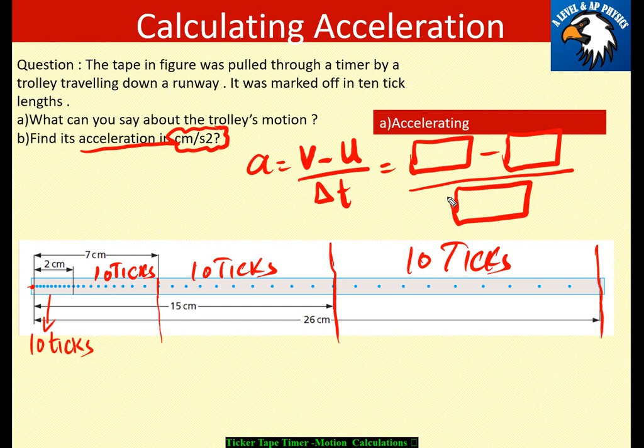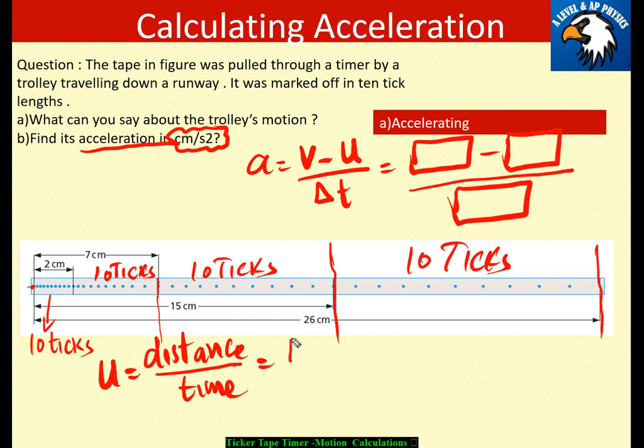Let's first find out what u is. How will we calculate u? u will simply be distance over time, or displacement over time, since they are the same here. So we need displacement divided by time, and then we will be able to calculate the value of u.